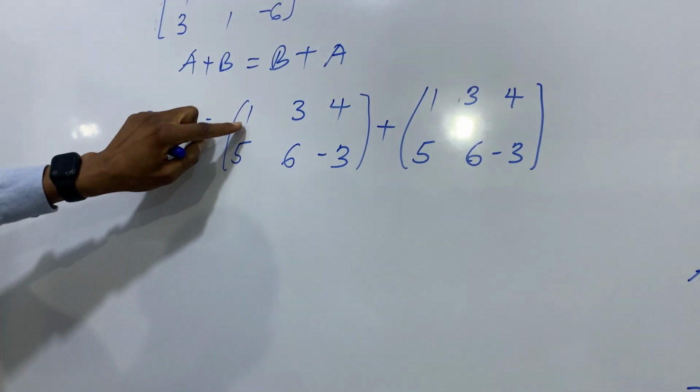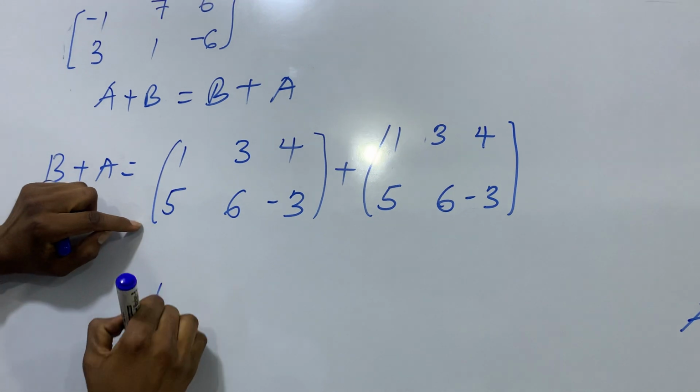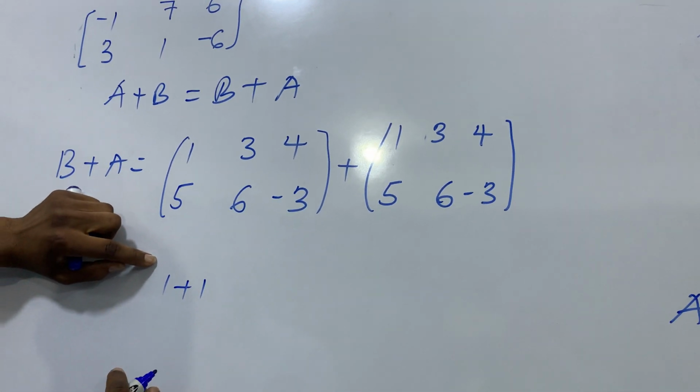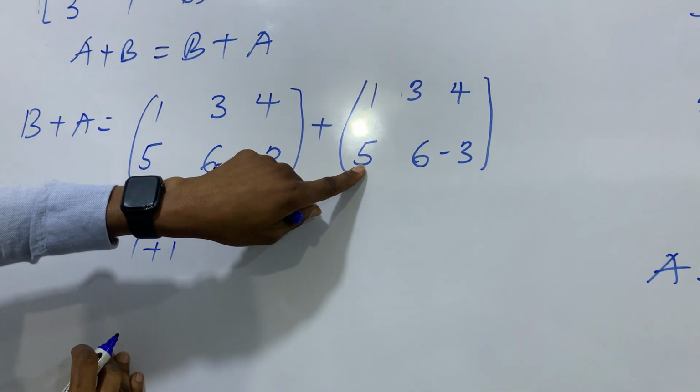So 1 will be added to 1, so we have 1 plus 1. 5 will go with the other 5 here.